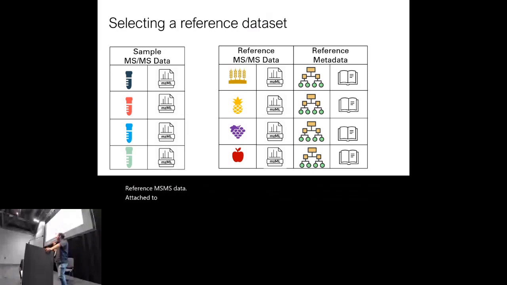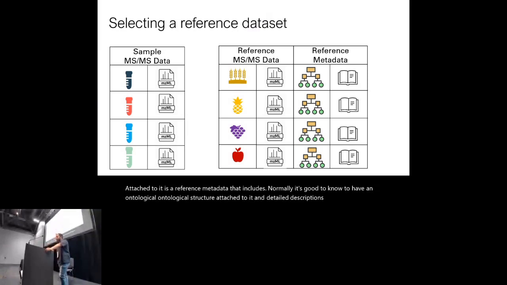Attached to it is a reference metadata that normally includes an ontological structure and detailed descriptions of the reference samples. So this way, by matching our experimental features to these references, we can transfer that metadata also to our experimental or study samples. This allows for more powerful downstream analysis, for example, grouping by different ontological levels.